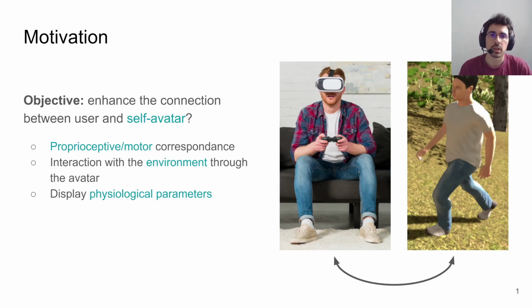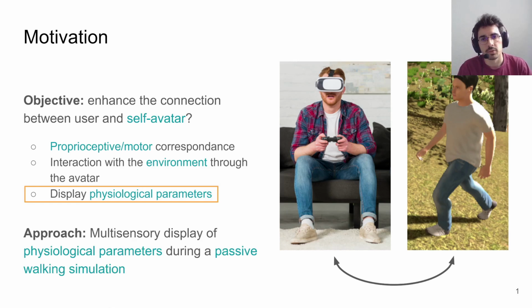So for instance, you can apply vibrations on the feet of the user to represent the contact of the virtual ground on the feet of the avatar, or you can use the display of physiological parameters. So this last approach is the one we chose for this work, and we used multisensory display of physiological parameters during a passive walking simulation to enhance the connection between user and self-avatar.